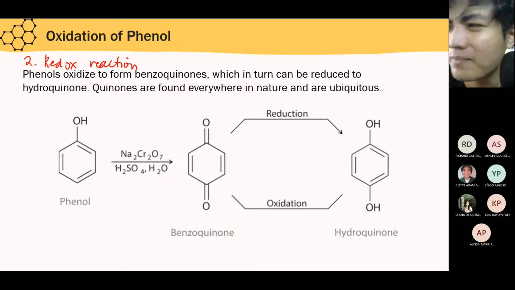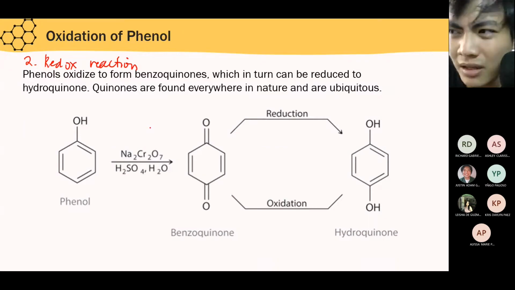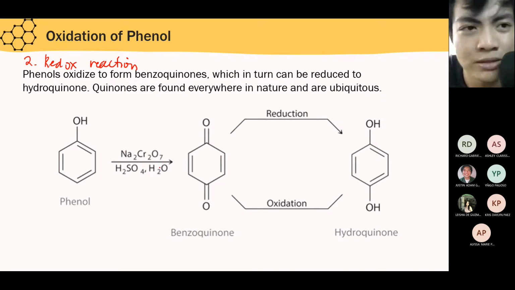Okay? So, ito yung phenol. If you react it with sodium dichromate and in the presence of sulfuric acid catalyst, it will actually be converted into benzoquinone. Okay? And this benzoquinone can be further reduced into hydroquinone.